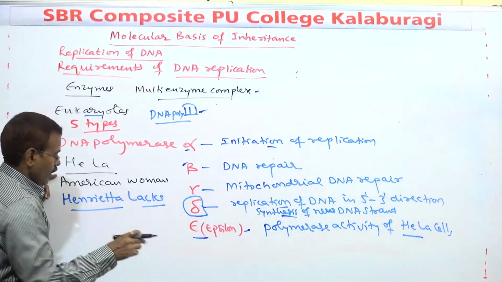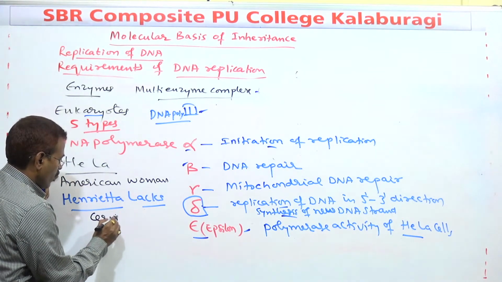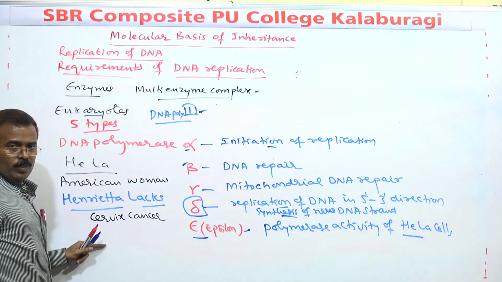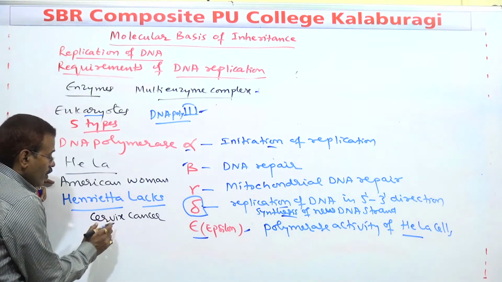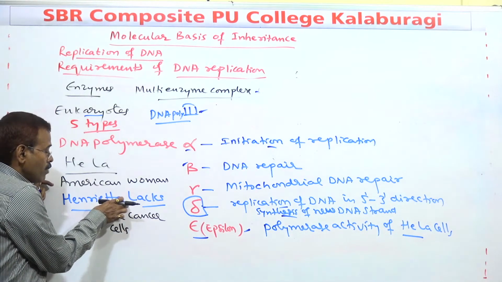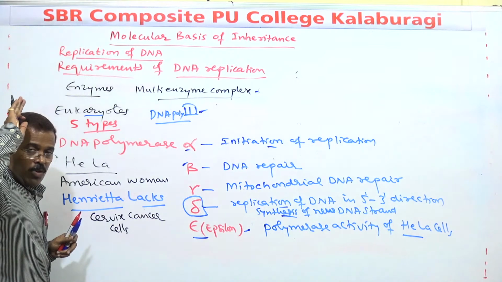This woman was suffering from cervical cancer, and the cancerous cells were collected from Henrietta Lacks around the year 1951.